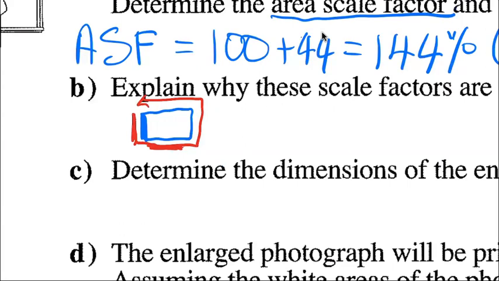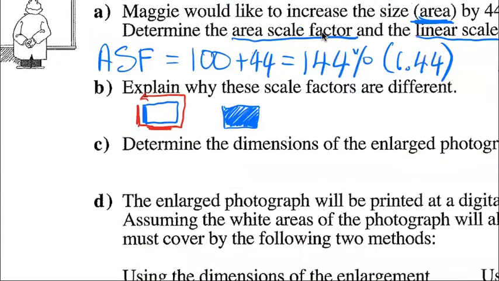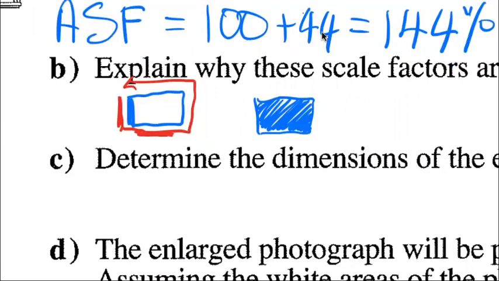Our area scale factor, we're still talking about the same figure, except area is all of this space. So they have to be different numbers. We're talking about different dimensions. In linear scale factor and perimeter scale factor, we're just dealing with that length dimension, whether it's a perimeter or an individual length. Area is the space occupied. Okay, so the numbers have to be different.